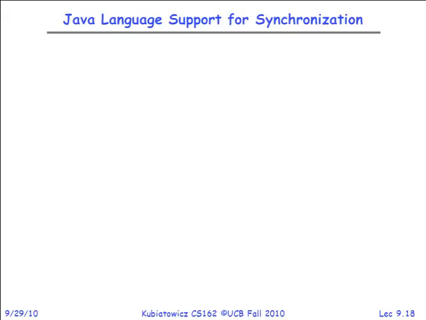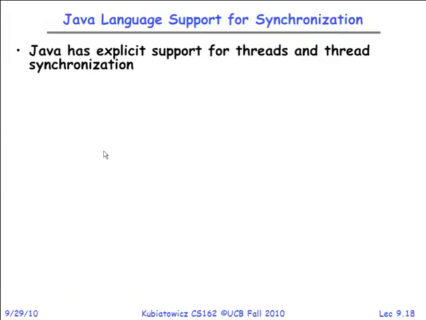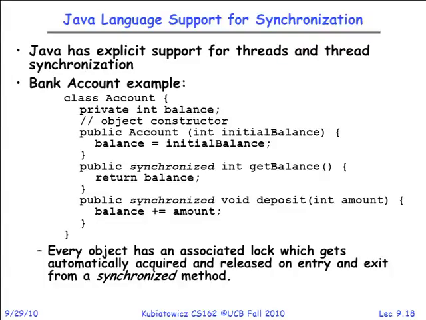Java, of course, has the same issue if you have explicit locks that are outside of the language. But Java has support for synchronization built in. So, for instance, if you remember the bank account example, which we started with for synchronization, we could say class account has some private data like a balance and so on, and then we have some methods which are synchronized methods.